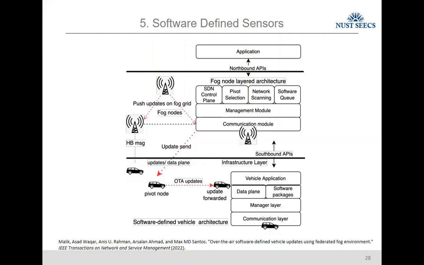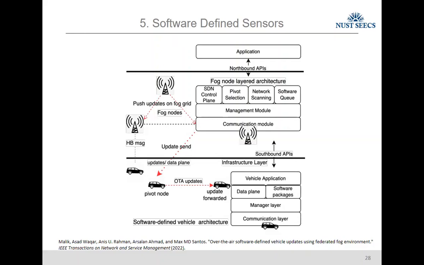So what we propose here is that the SDN controller will select one pivot vehicle, selected based on its history, direction, speed, or firmware update version. Then they push the update to that pivot vehicle, which further pushes this update to another vehicle. In this way they can build a chain from one node to another, and this chain goes up to a certain number of nodes.